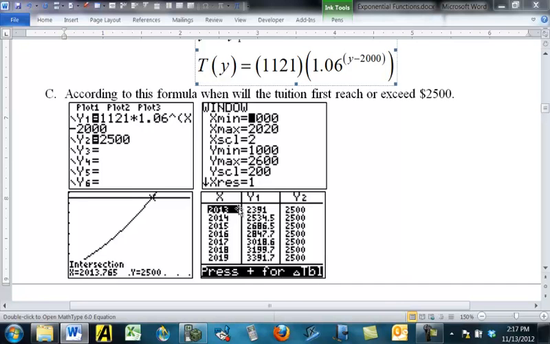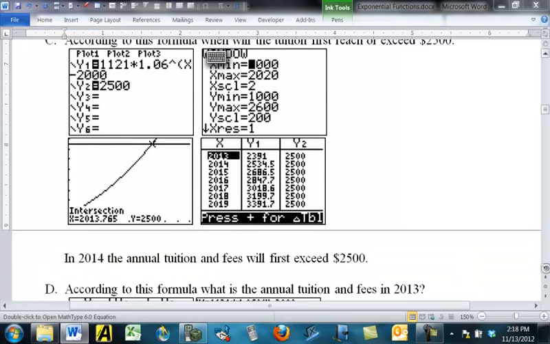First of all, the university probably didn't exist several hundred years ago. Besides that, this formula only really applies for certain years. It does go up in chunks, so you don't really have a continuous function here. Even though we're graphing it as a continuous function, it's really dots along this curve where we have jumps. So the table in a way is a more accurate way of seeing it.